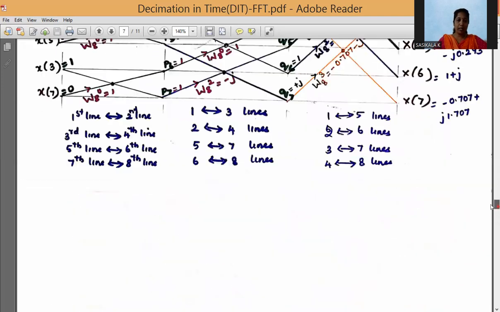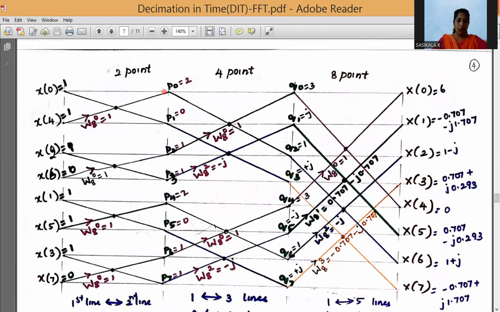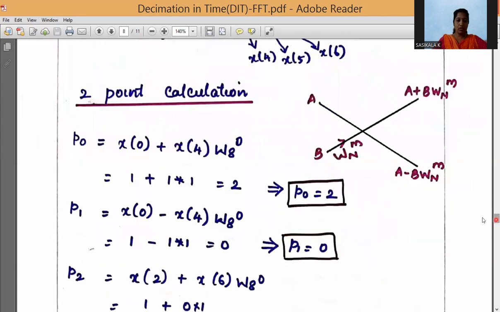Listen, for this P0, what are all the inputs we are having? X of 0 and X of 4 are the inputs, and W8 power 0 is the twiddle factor. So for P0, the first input is X of 0 plus the second input X of 4, so instead of B, substitute X of 4 into W8 power 0.